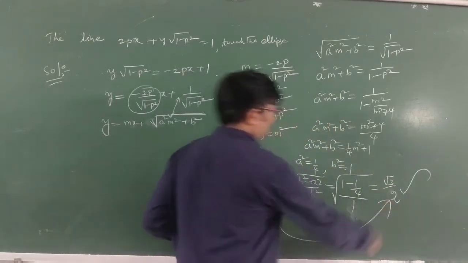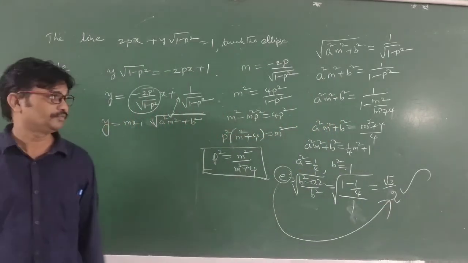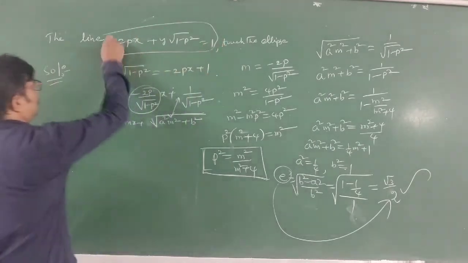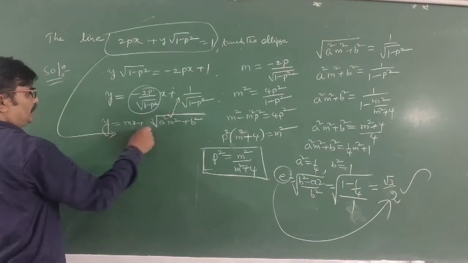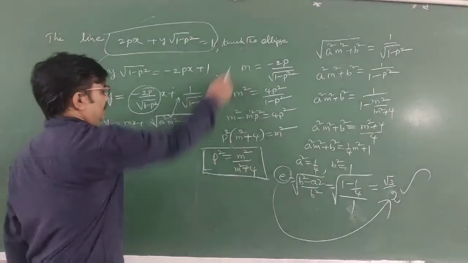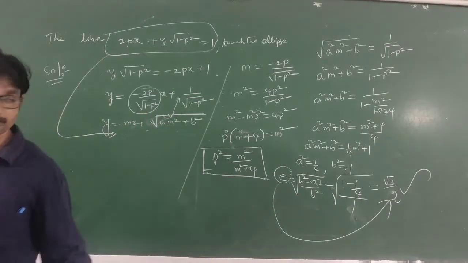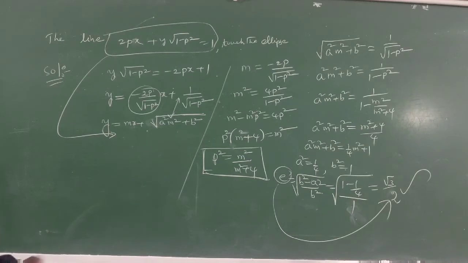The value of eccentricity of the ellipse is root of 3 by 2. Write down students. Right now you just have to compare with y equal to mx plus c only. So the value of eccentricity is root of 3 by 2.